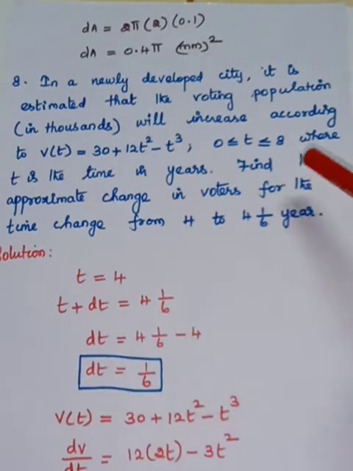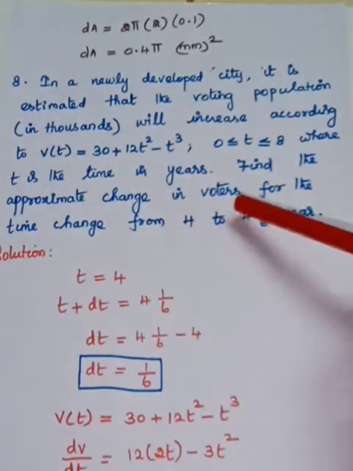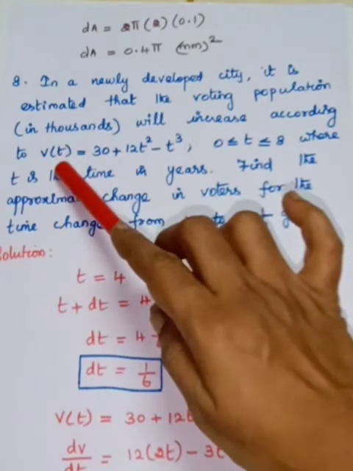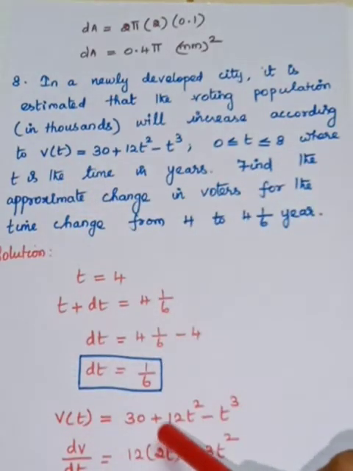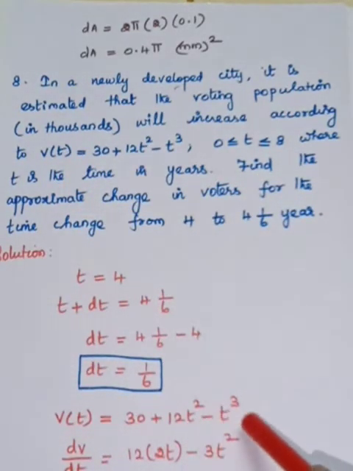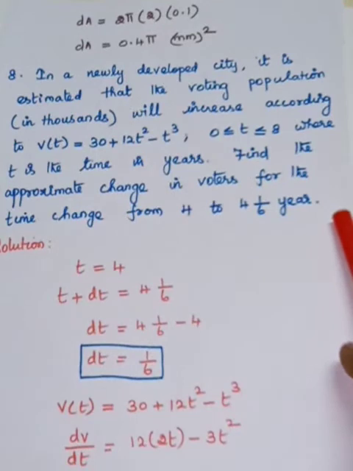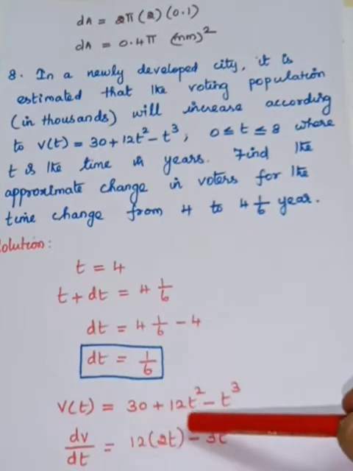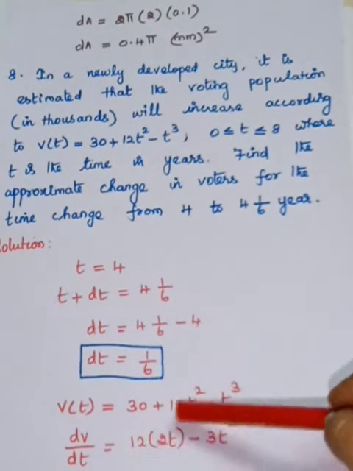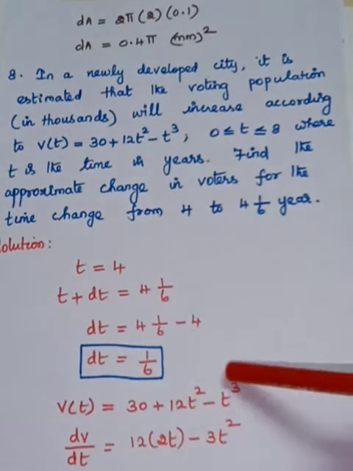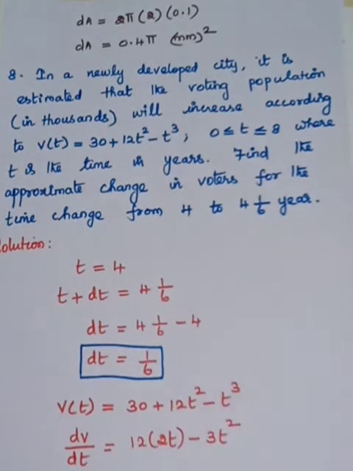Okay, what is asked? Approximate change in voters. The voters is given here: V of t is equal to 30 plus 12t squared minus t cube. Differentiate V with respect to t. 30 is a constant, whose differentiation is 0. Here 12 is a constant. T squared when you differentiate it is 2t, minus t cube when you differentiate it is 3t squared.